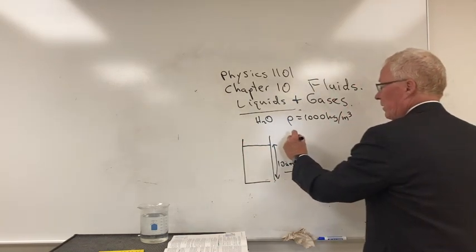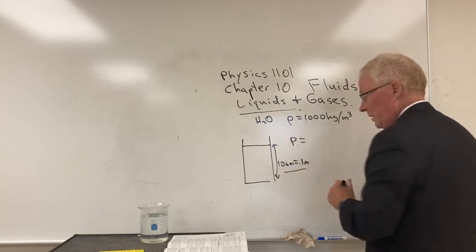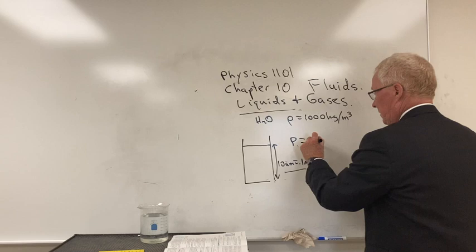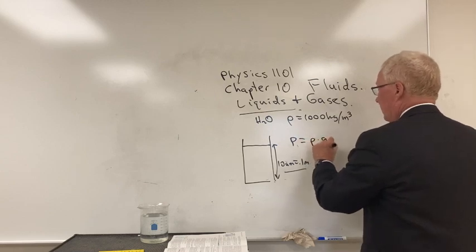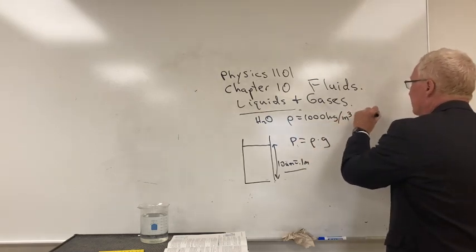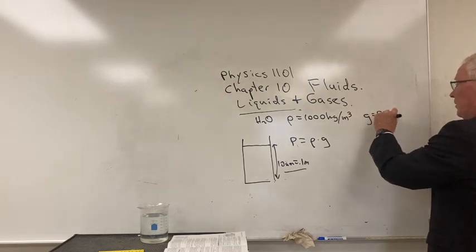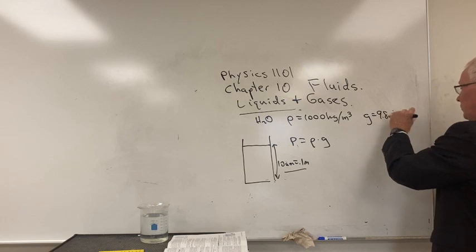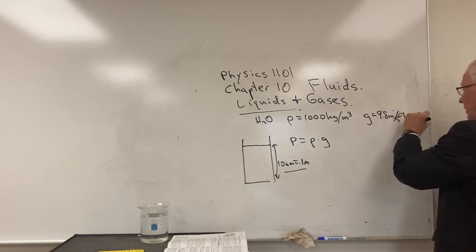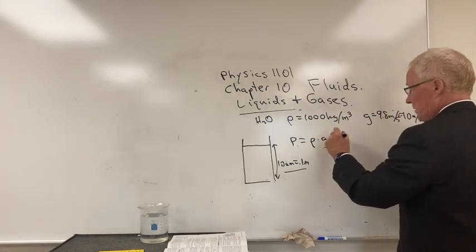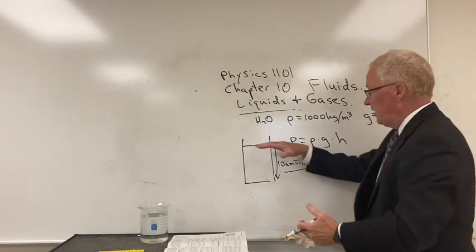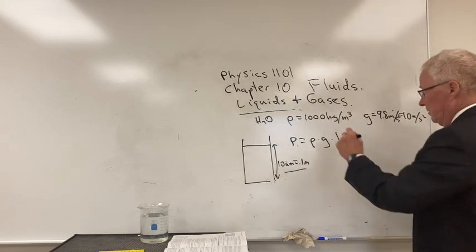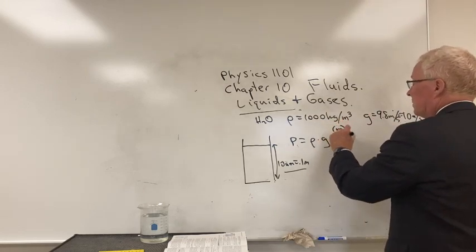And how do we calculate that pressure? Pressure, in a liquid, is defined as the density times g, which in this case is 9.8 meters per second squared, but we're going to use roughly 10 meters per second squared, times the depth. So the depth that we are below the water in meters.